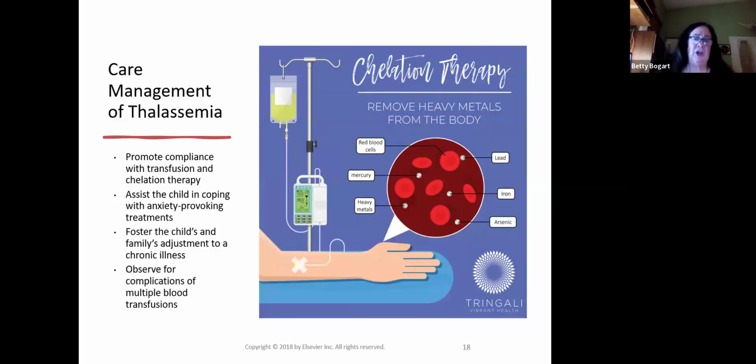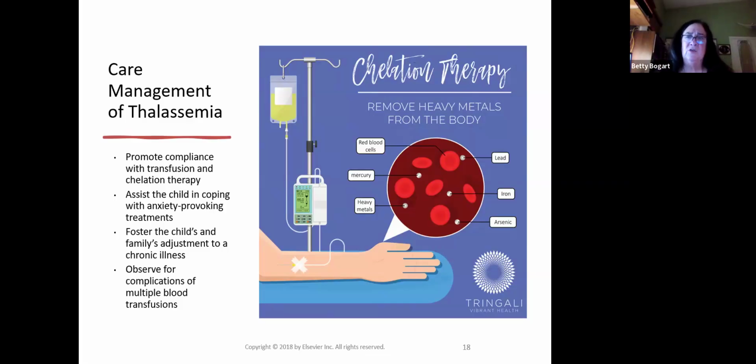So, how are we going to care for this child? This kid is chronically getting stuck for CBCs and also getting all of these blood transfusions. What about all these blood transfusions? When you get one, now you've taken somebody else's blood, so there might be other stuff in there, called antigens.